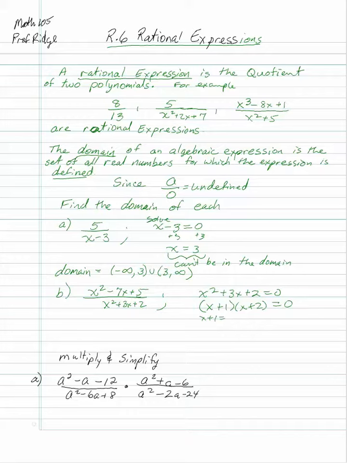Set each of those equal to 0. So x is negative 1 or x is negative 2. Oh, we want domain. So the domain is basically everything but those values. So negative infinity to negative 2, negative 2 to negative 1, union negative 1 to infinity.